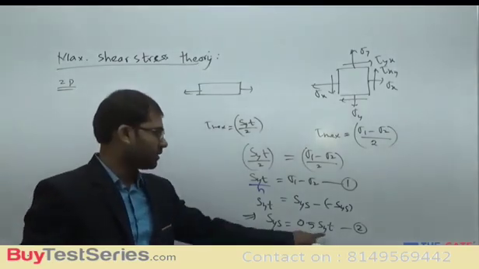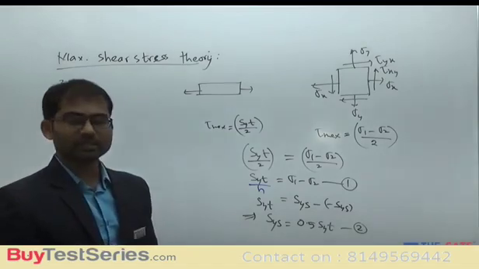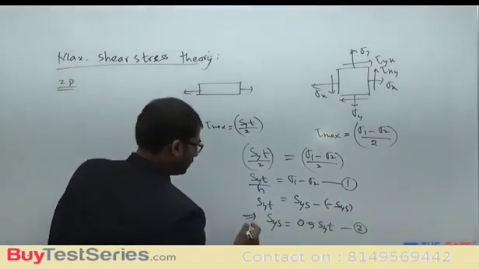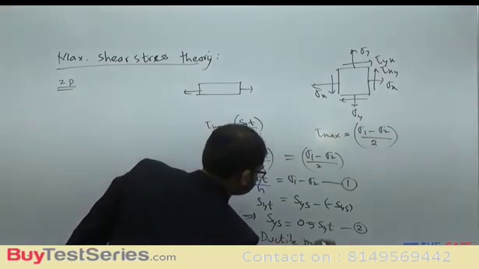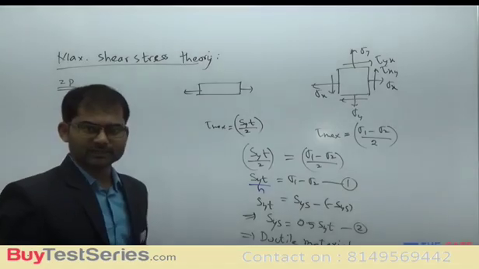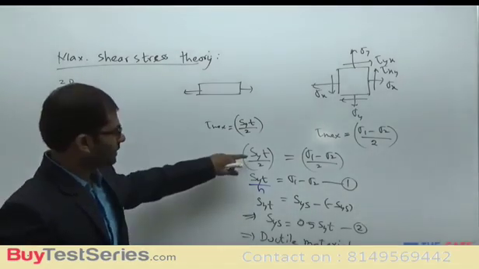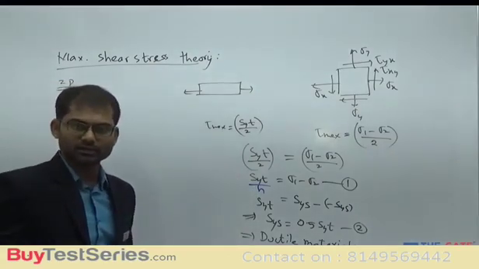And this equation is satisfied by ductile metals only, so it's valid for only ductile materials. So we have to derive equation number 1, equation number 2 in this way, and do the calculation.